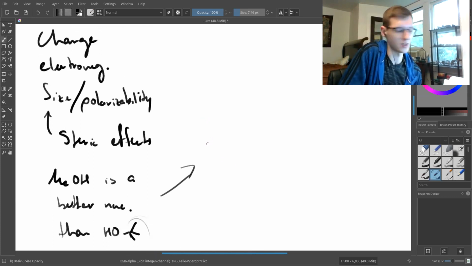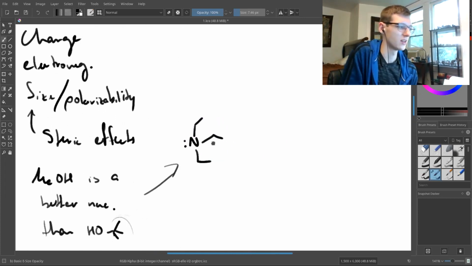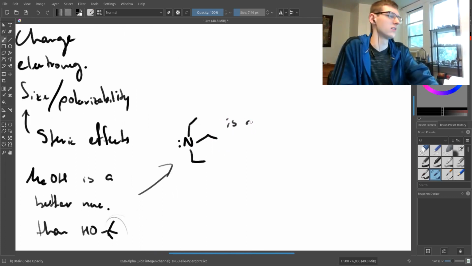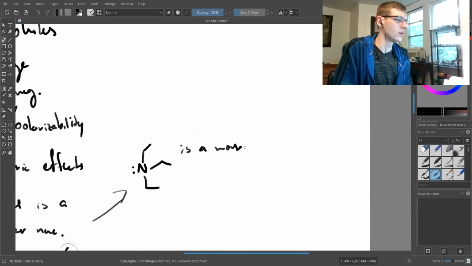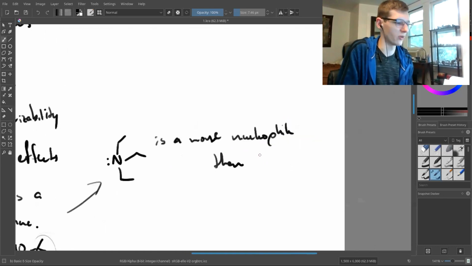So if you have, for example, triethylamine, which looks like this, this is a worse nucleophile than, for example, this.